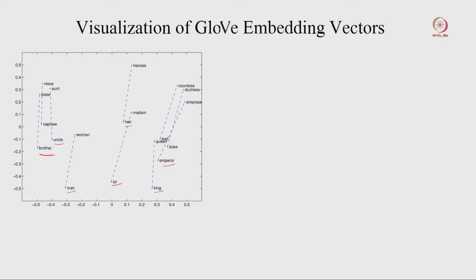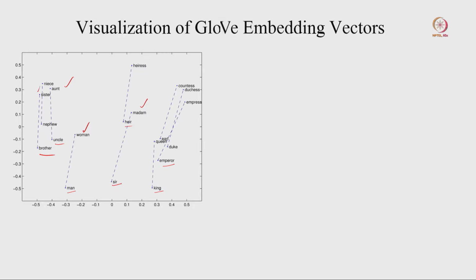Whereas the top ones are woman, madam, queen, sister, aunt. So all these top words are the female versions. That means that relationship has been captured in the visualization of GloVe embedding vectors.